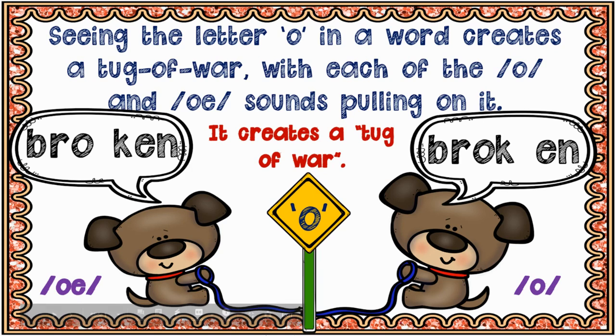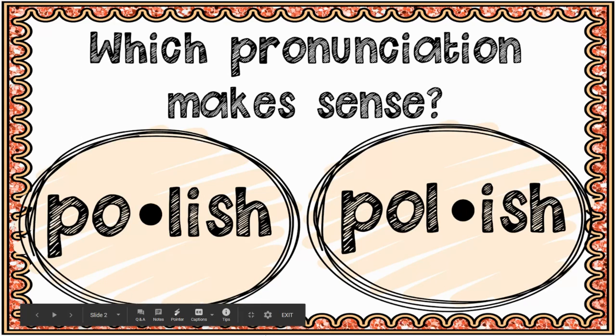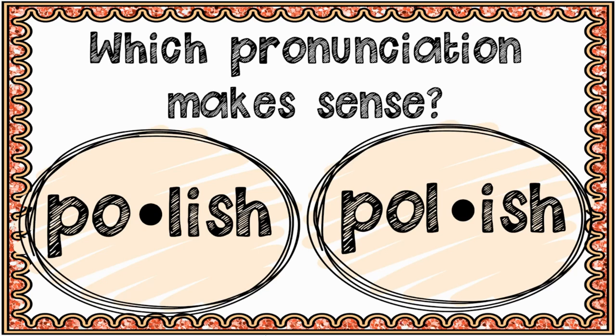Let's look at some other examples. We have two words here again spelled the same, but we want to look at which division is the correct pronunciation. So if we look at the first one, where it is divided right after the O, the word would be Polish.